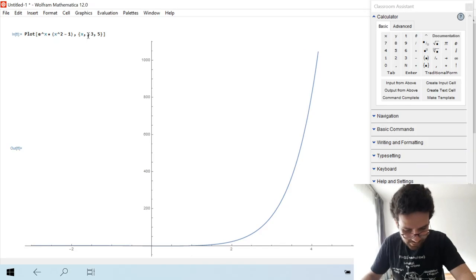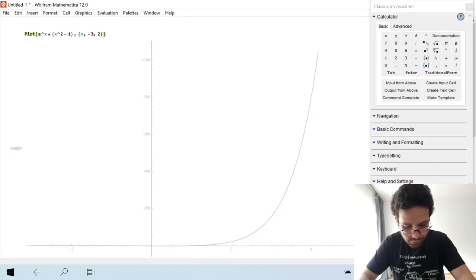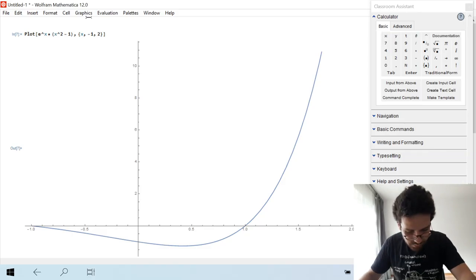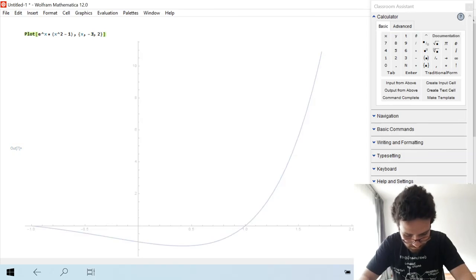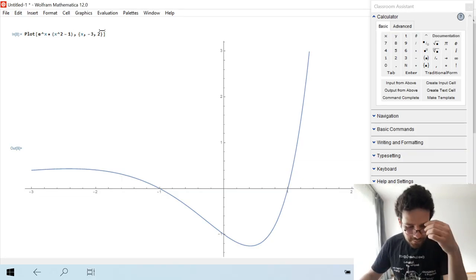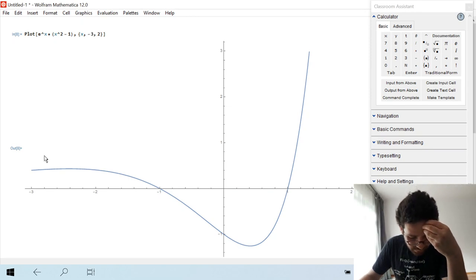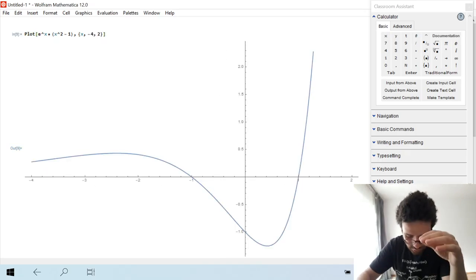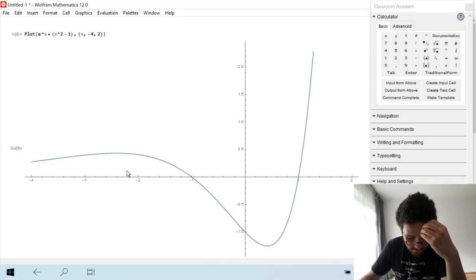These are too big, so 2 here. I want you to see those points. Yes, good. Now, when I plot this between -3 and 2, you see this picture. Let's go up to -4 actually. You see this picture.